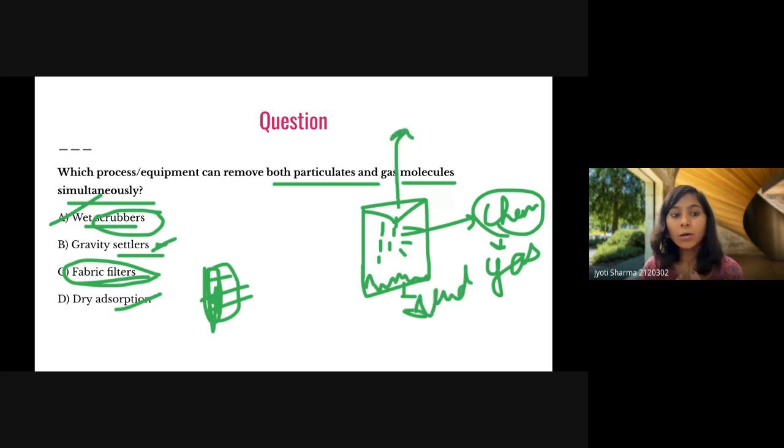So scrubber means some chemical that can absorb or adsorb your gases, and wet means we are using a chemical that is liquid in nature. Whenever we have particulate matter as well, it can be deposited because we have the spray of that chemical. So this is how the wet scrubber can remove both particulate and gas molecules simultaneously.